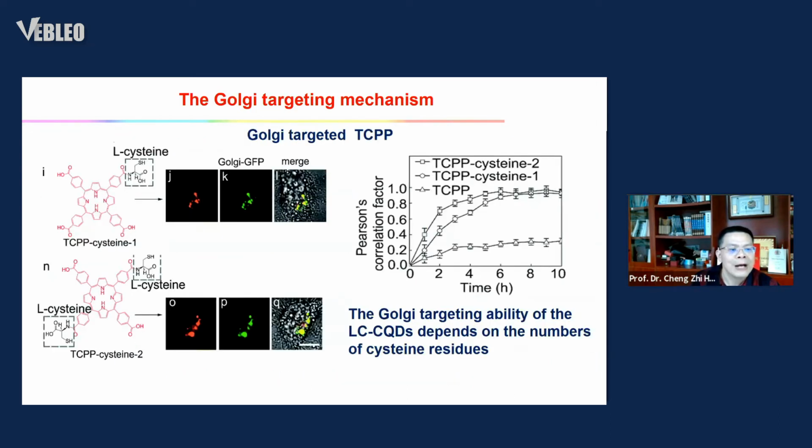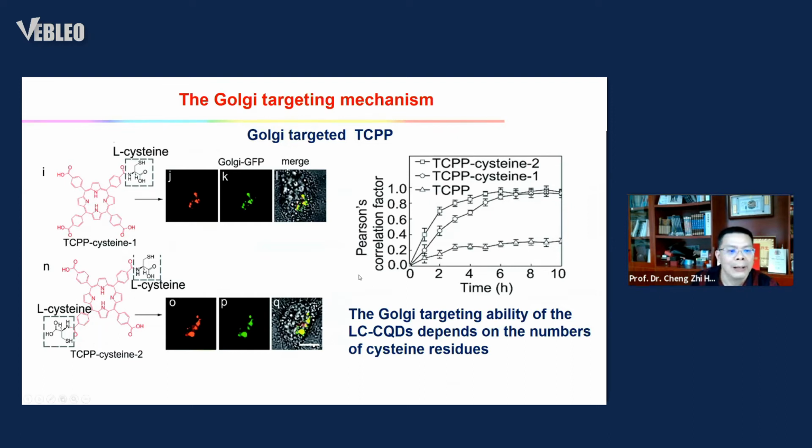Furthermore, we found that the targetability of molecules such as TCPP is dependent on the linked number of L-cysteine residues. TCPP without any cysteine modifications spread over the whole cell, while single cysteine-functionalized TCPP can localize with the Golgi-GFP after 5 hours of incubation.